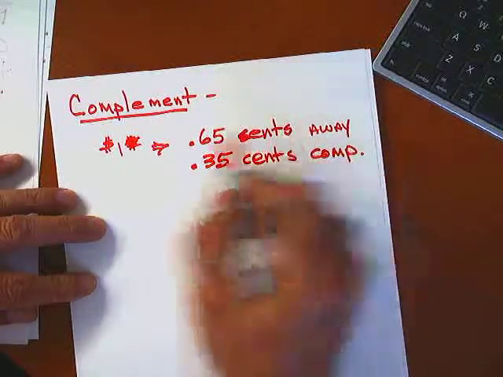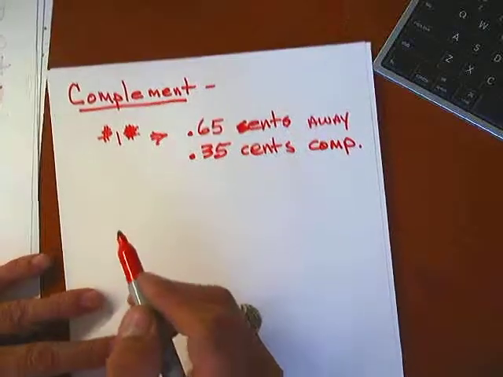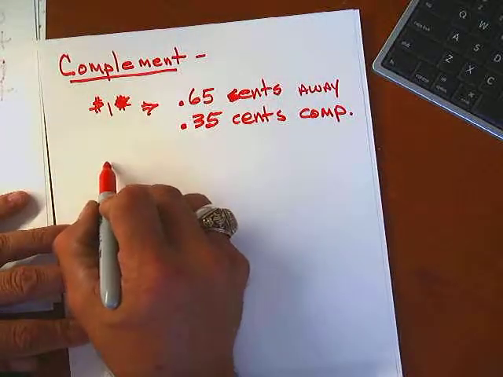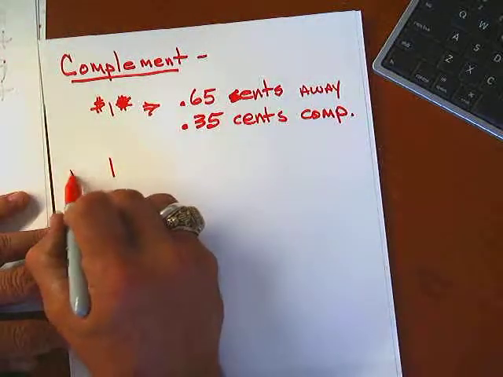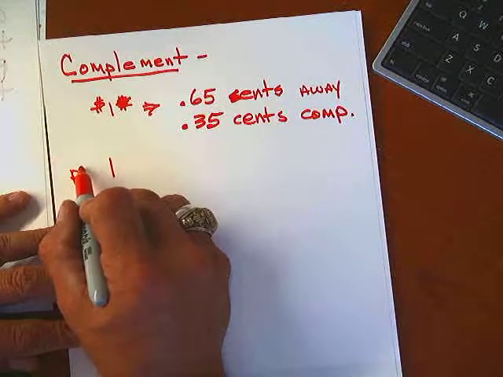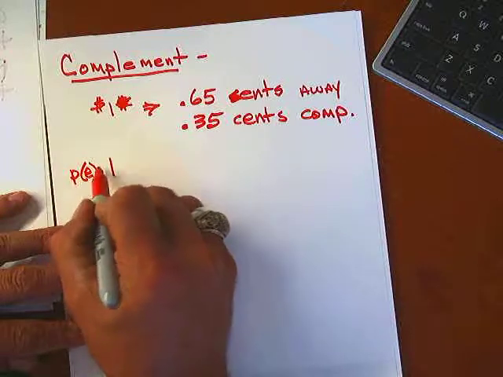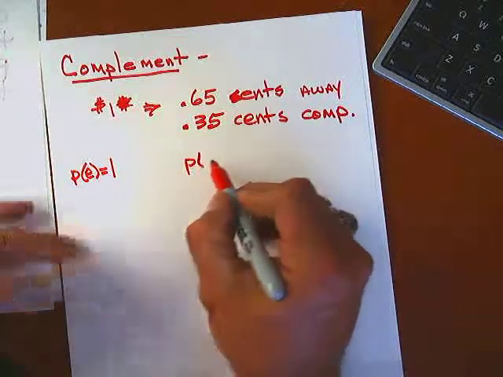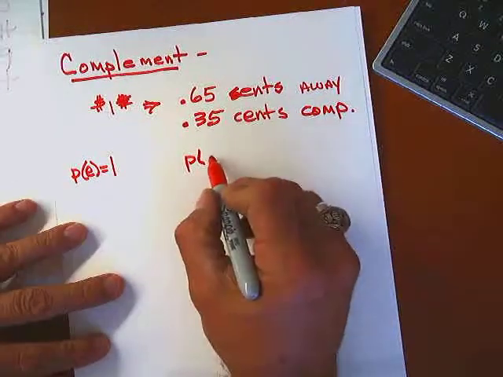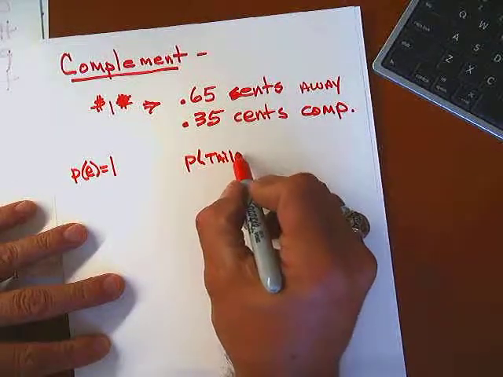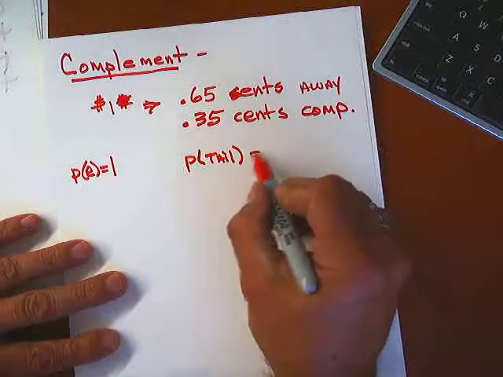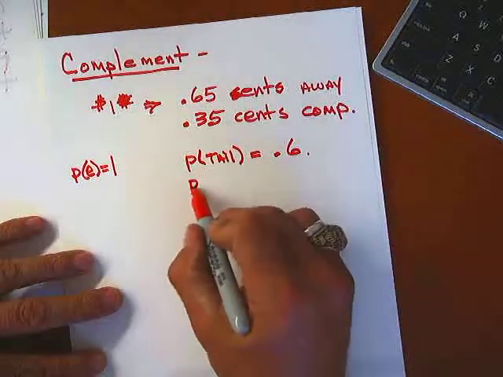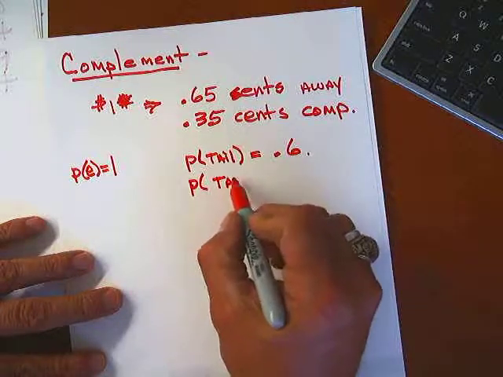In other words, if you have $1 and you give 65 cents away, then the complement is 35 cents, because that's what you have left. That's one example of a complement.